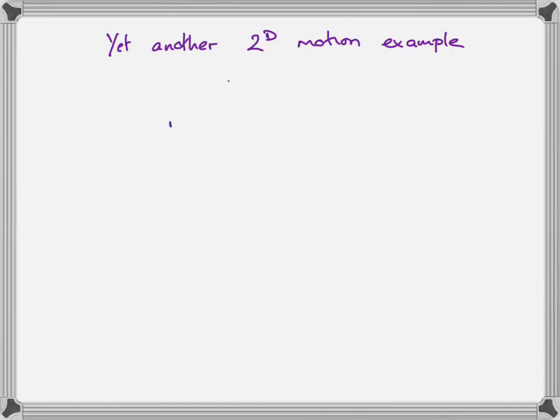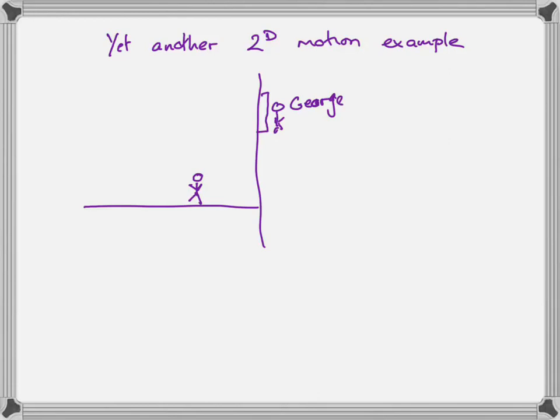So let's take the example where you are in your second-story dorm window, and I'm trying to throw something up to you. Let's give them names. This is George. And this is Ginny.